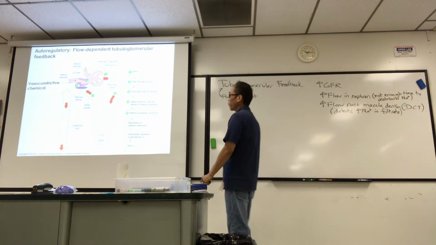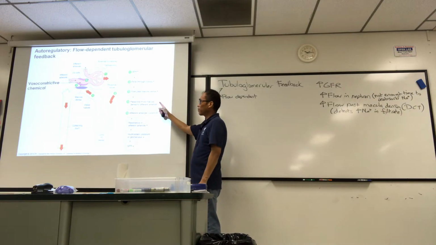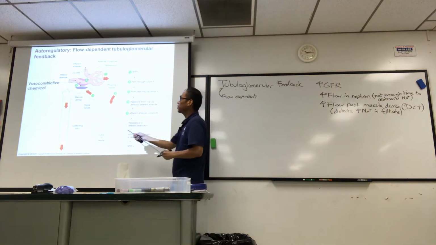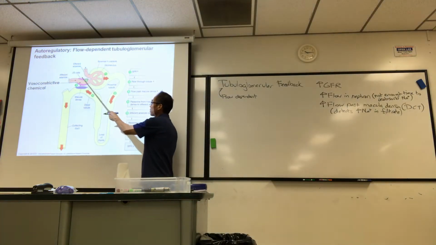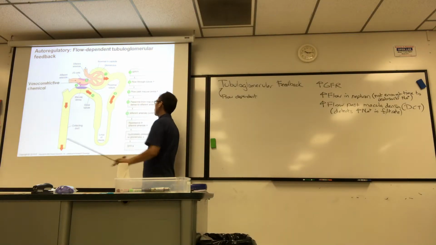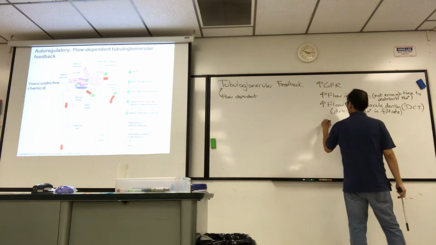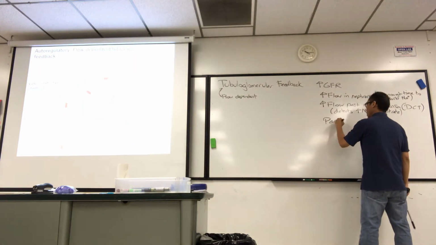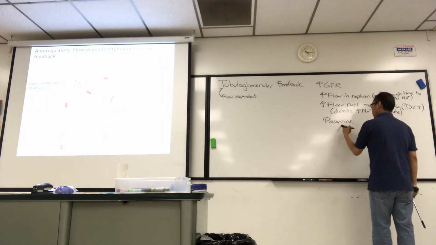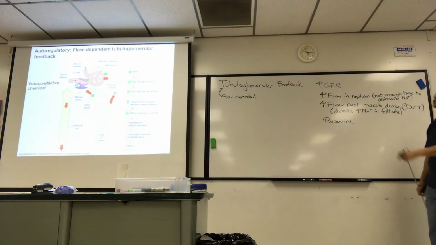So, number four, this is a paracrine response from macula densa to the afferent arteriole. A paracrine is a molecule from the macula densa to the afferent arteriole.